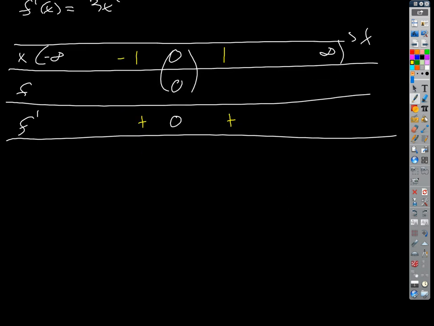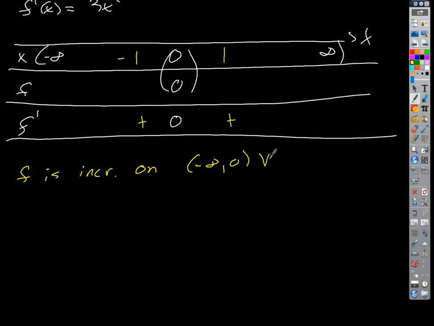f is increasing on what interval or intervals? Negative infinity to 0, and 0 to positive infinity. You can use the word and, or you can use a union sign, either one.